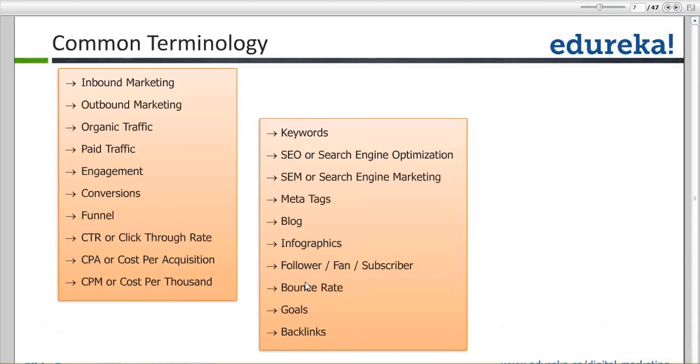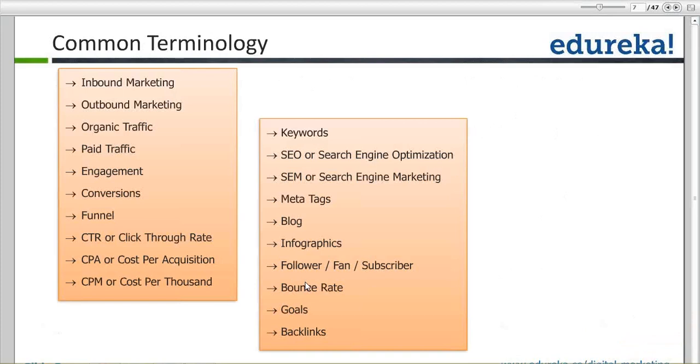Next definition is CPA, that is cost per acquisition. Cost per acquisition is how much money you have paid to acquire a customer. How do you calculate that? Again, I'll give you an example of Google because we are continuing with that example. In Google, you pay Google based on the number of clicks that you've achieved.